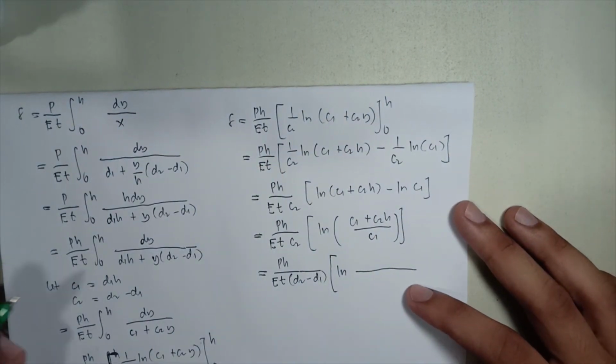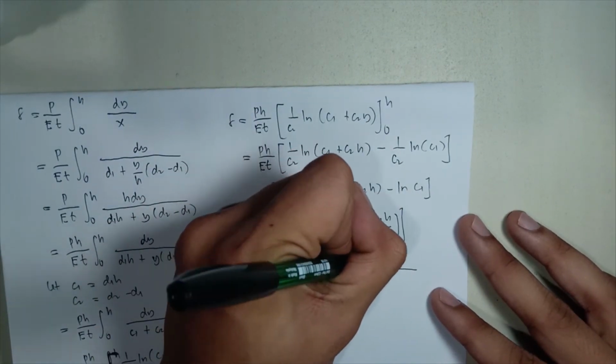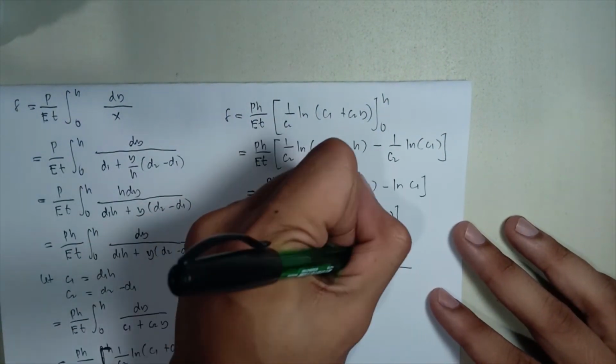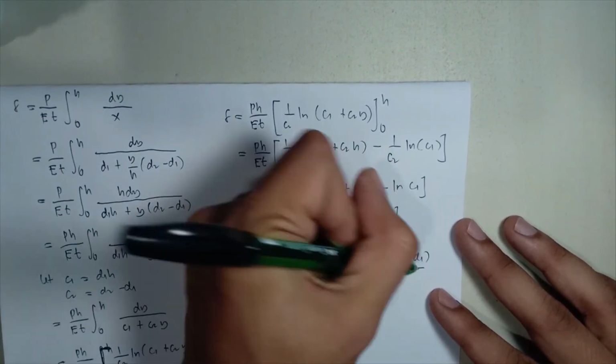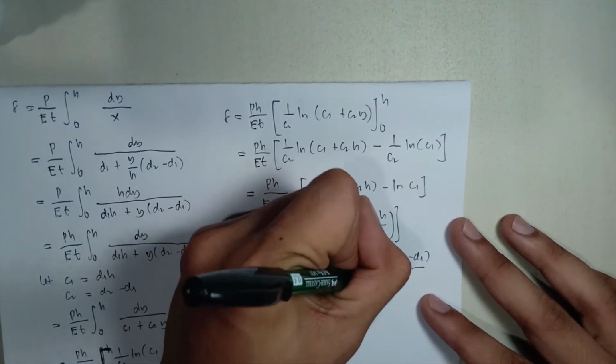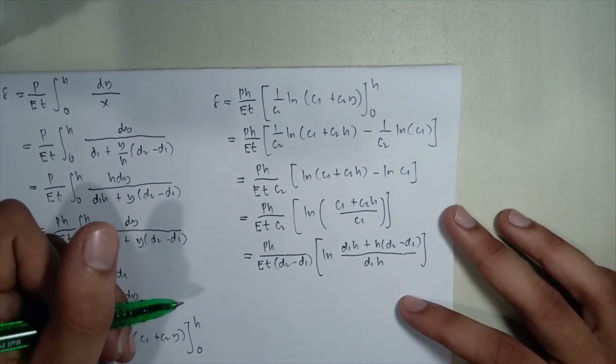And C1 is d1h plus yung C2 h times d2 minus d1 all over C1, which is d1h. Simplify.